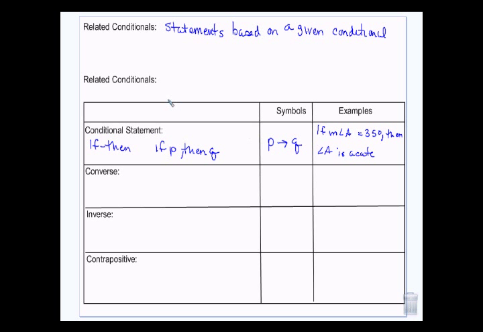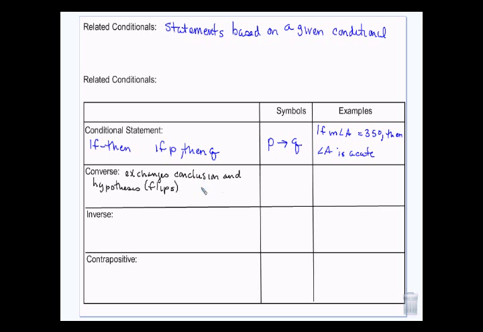Well, a converse takes that original conditional and exchanges the conclusion and hypothesis. It flips.